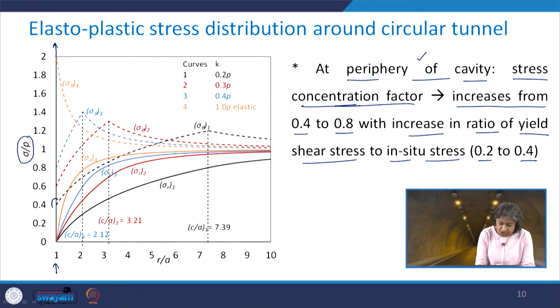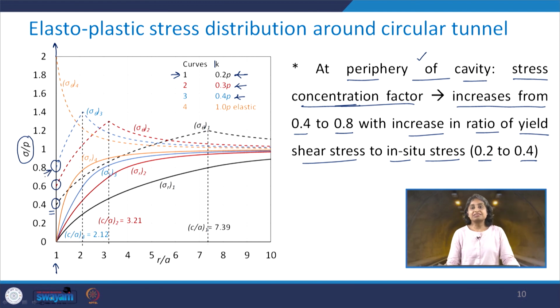This corresponds to the 0.2 P situation, this corresponds to the 0.3 P situation, and this corresponds to the 0.4 P situation. So, see here at R by A equal to 1, corresponding to the first case this value is 0.4, and for the third case this value is 0.8.